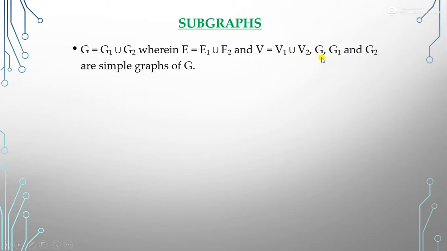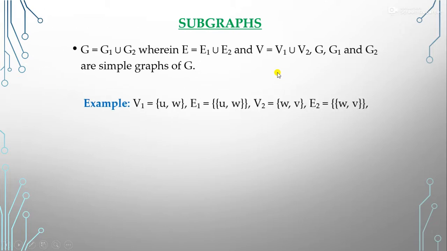It means if G1 and G2 are subgraphs of G, with G1 having vertices V1 and edges E1, and G2 having vertices V2 and edges E2, then the main graph has the union of both the edges and the union of both the vertices.